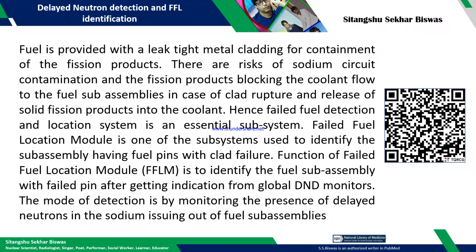Another very important application of delayed neutron, mainly in the fast reactor, is to locate the failed fuel. If you see a fuel subassembly, inside it there will be some fuel pins, and the coolant will flow over the fuel pins, and based on the mass flow, the heat transportation will take place.